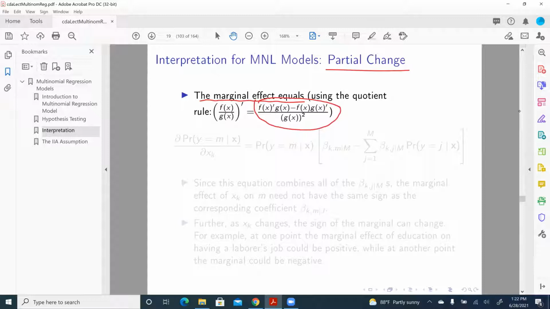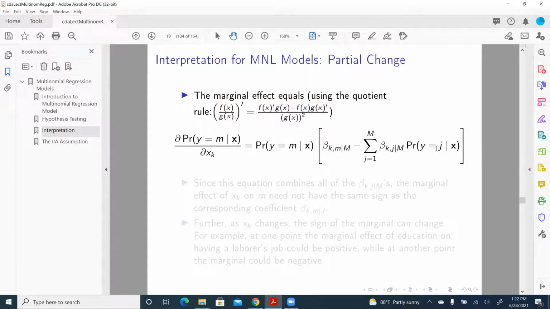So the first general differentiation rule we're going to use is the quotient rule, and then everything else follows. So by careful derivation, we can figure out the partial change, or the marginal effect, of the predicted probability with respect to a single covariate.